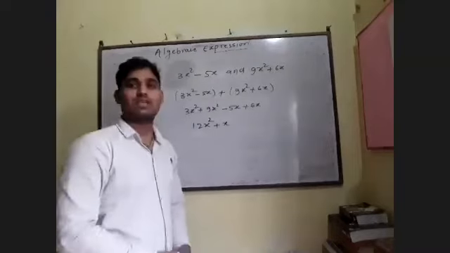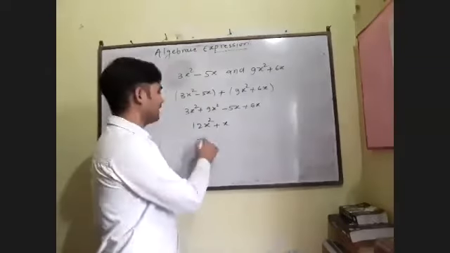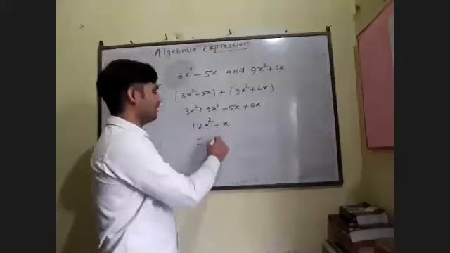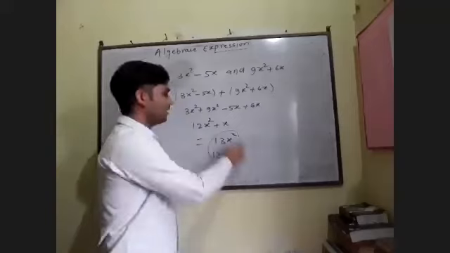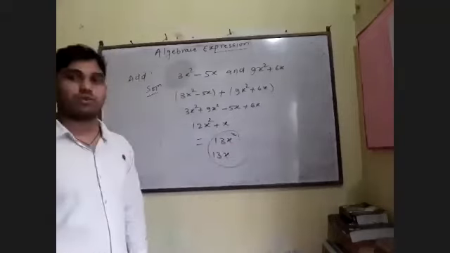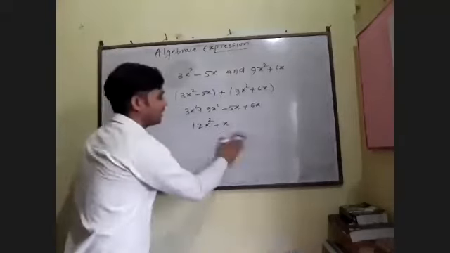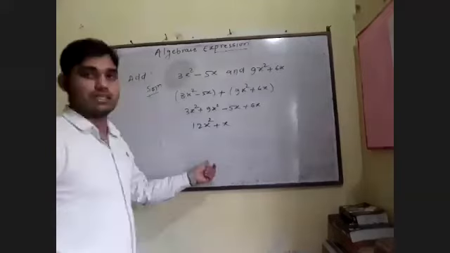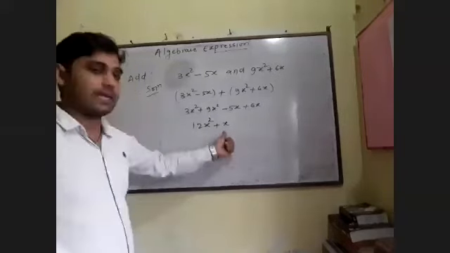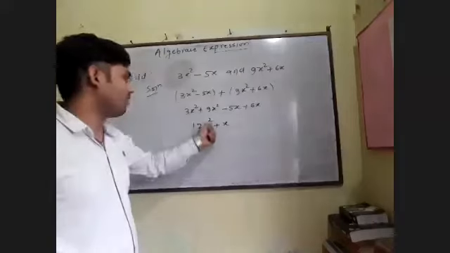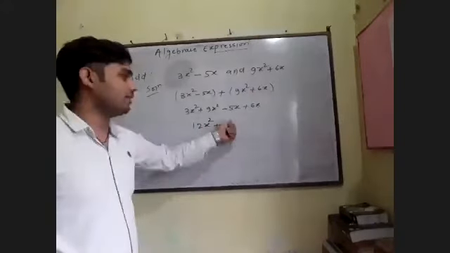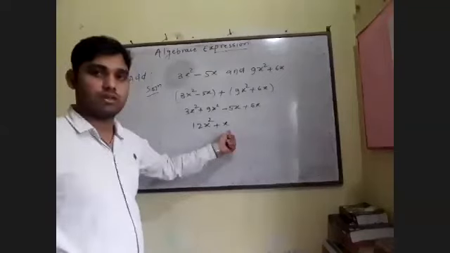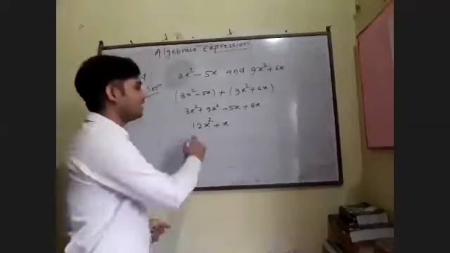Few students are writing 13x square, or 13x. That is the wrong way. We can't add these terms because they are not like terms. See the power: for x square the power is 2, and for x the power is 1, so it is not a like term.